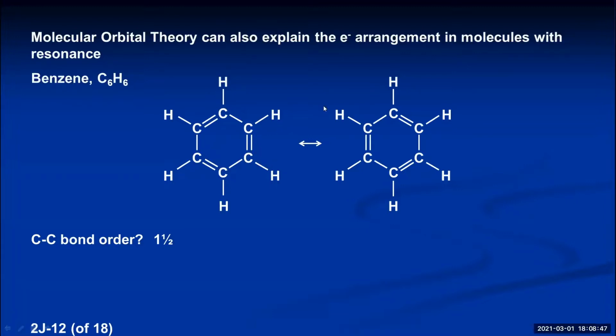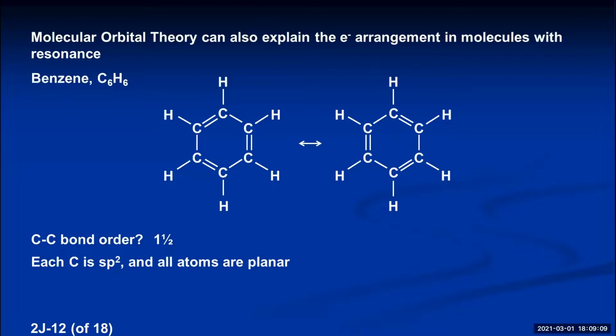Trigonal planar. So I actually have all these drawn properly, which means I can draw every carbon and hydrogen flat on my paper, which means the entire benzene molecule is actually a flat molecule. So each carbon is sp2. And as it turns out, because they're all sp2 and those sp2 orbitals are trigonal planar, the entire benzene molecule is a planar molecule. It's flat.